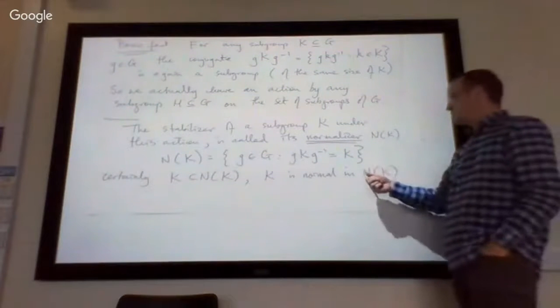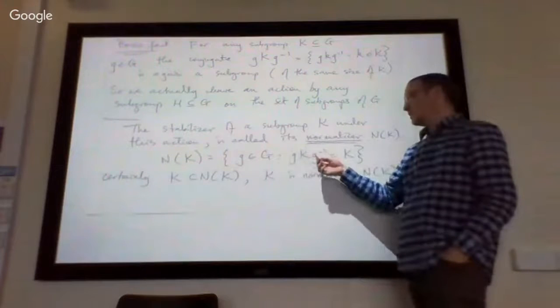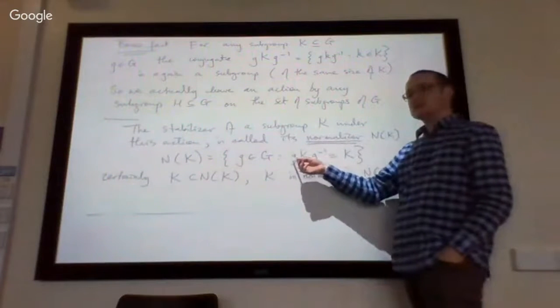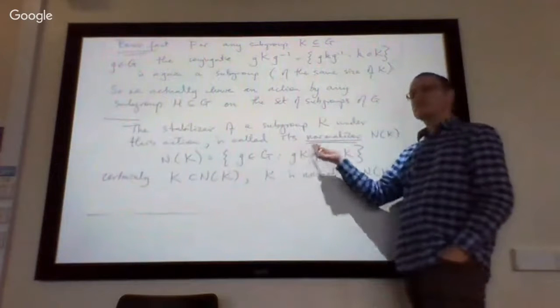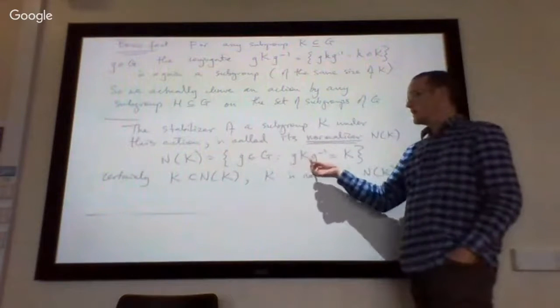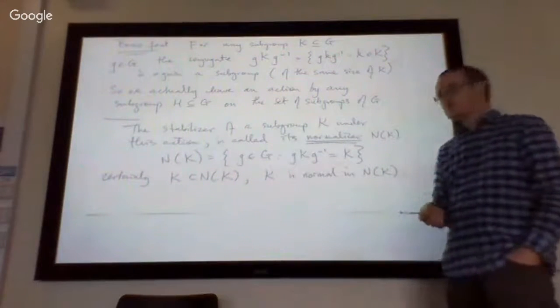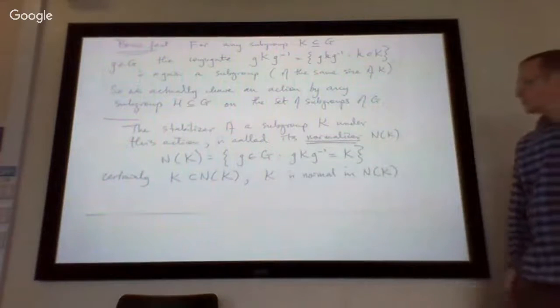Because by definition, the normalizer only consists of elements such that when you conjugate K by this element of G, it's still K. And that's the definition for the group being normal if this holds for every element little g of the group. So we can say that K is normal in its own normalizer.